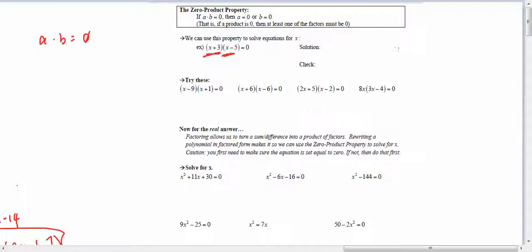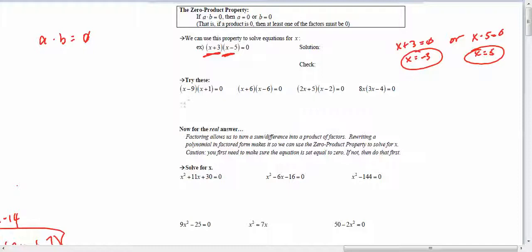So either x plus 3 equals 0, or x minus 5 equals 0. And I can figure out what x is. X is equal to negative 3, or x is equal to 5. I think I covered this with you last chapter. Do you remember this? So your answer is either x is negative 3 or x is 5.